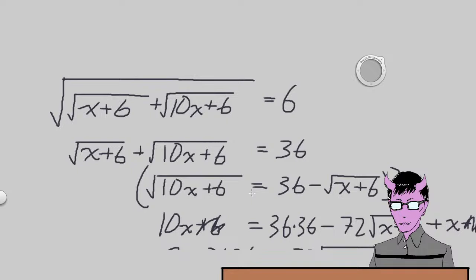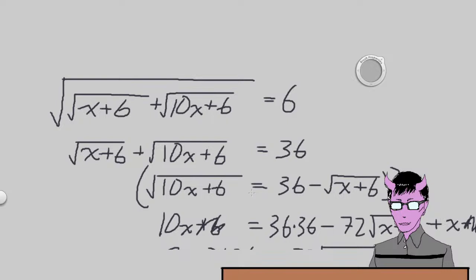Yeah. All right, last resort. I'm just going to plug this in directly into the calculator. I'm going to plug in line 2 directly into the calculator, and we'll see if it actually works out. So I'm putting in x plus 6 to the power of 0.5 plus parentheses 10x plus 6 to the power of 0.5, and that's equal to 36.